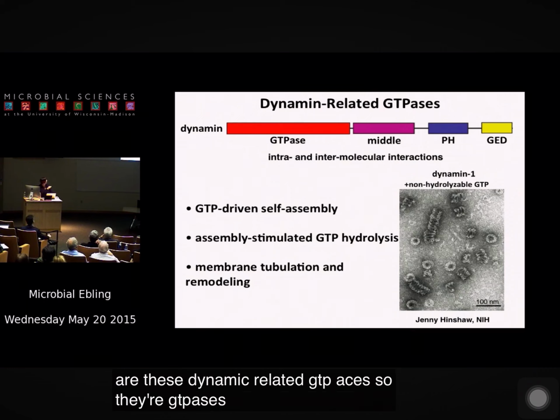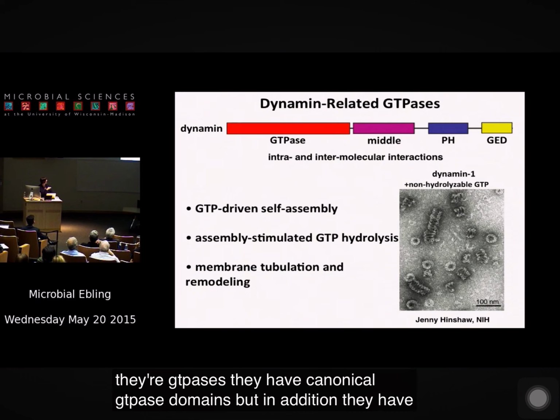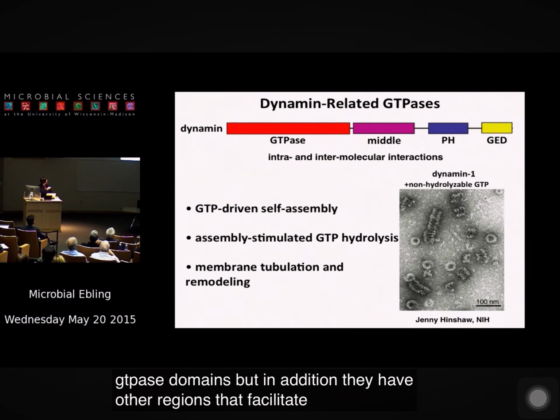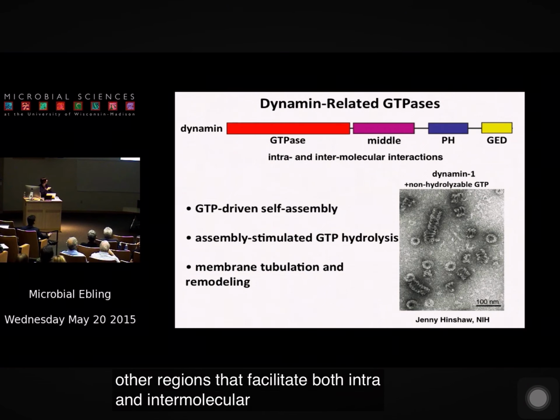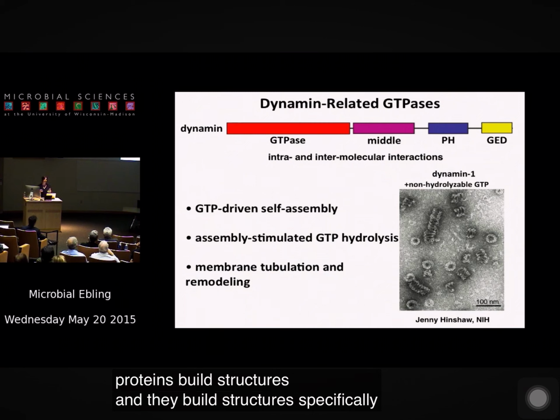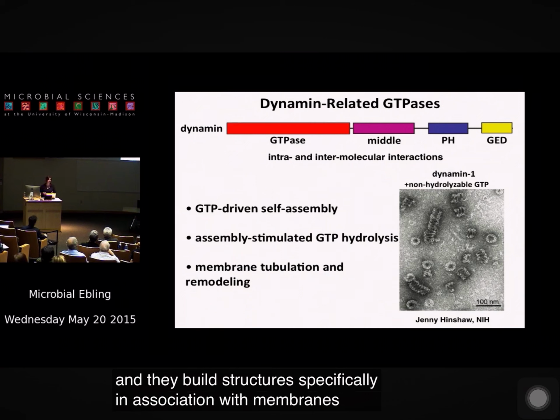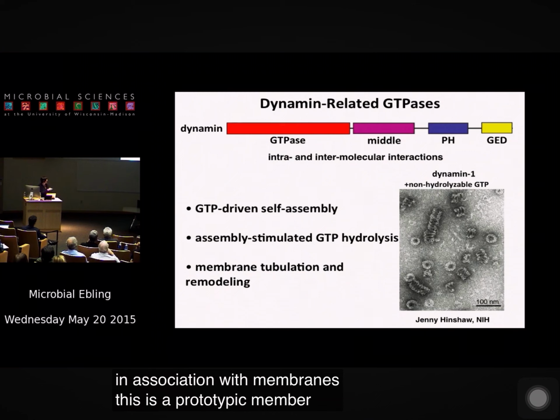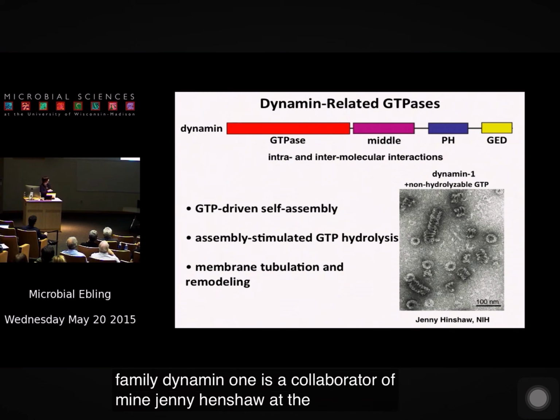So they're GTPases. They have canonical GTPase domains. But in addition, they have other regions that facilitate both intra- and intermolecular interactions. So these proteins build structures, and they build structures specifically in association with membranes. This is a prototypic member of the family, dynamin-1, from a collaborator of mine, Jenny Hinshaw at the NIH.